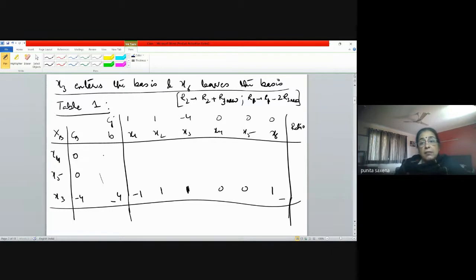Is this okay? Because if there is a mistake in this, the whole problem goes wrong. So you have to be very careful with this. Is this okay or not?